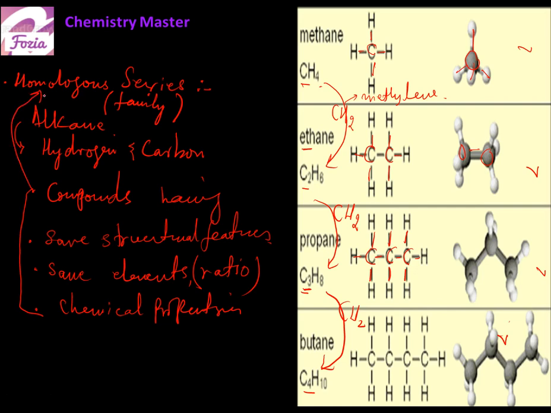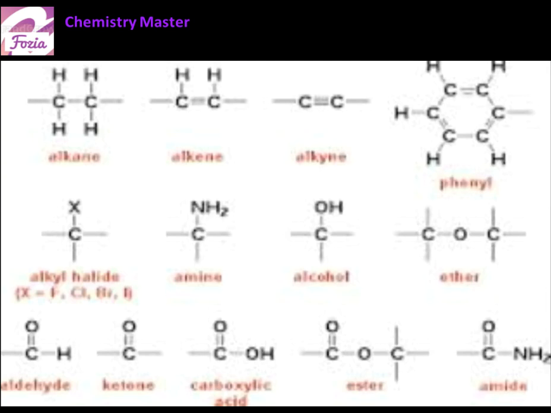Now we are on the safer side that we will be finding them in different families. As you see, there are many more examples here. If we are finding only carbon-carbon single bonds and carbon-hydrogen single bonds, all single bonds, we will place them in the alkane series.